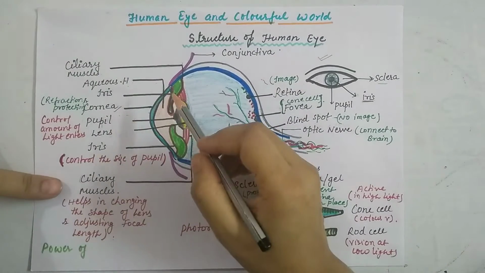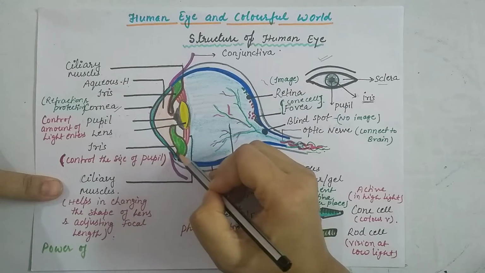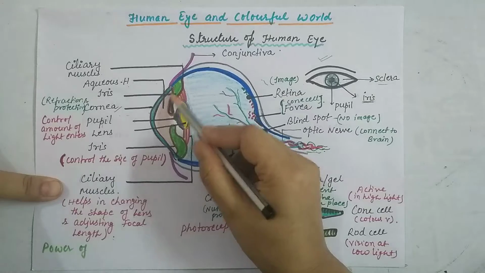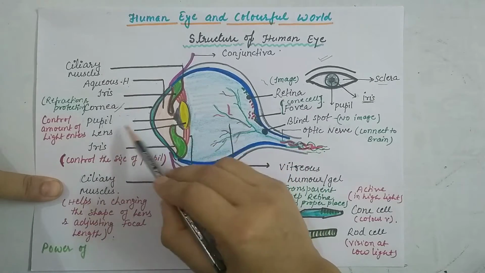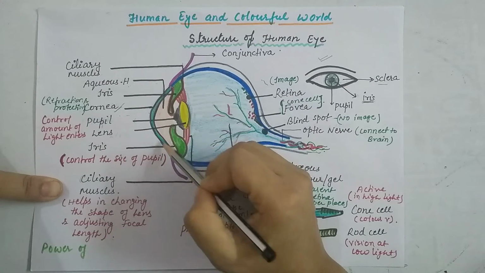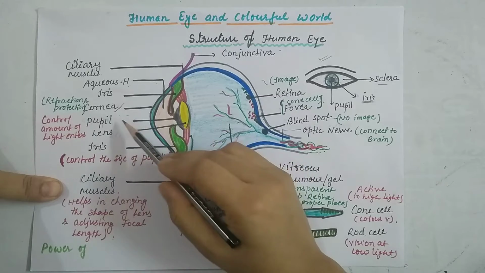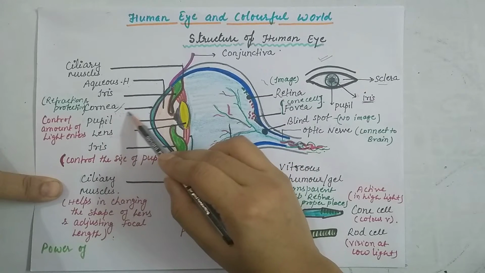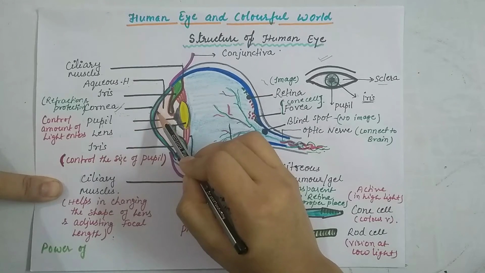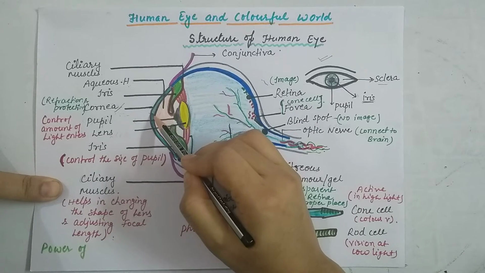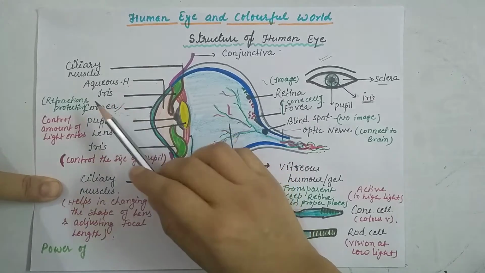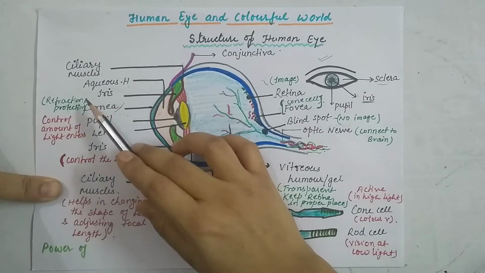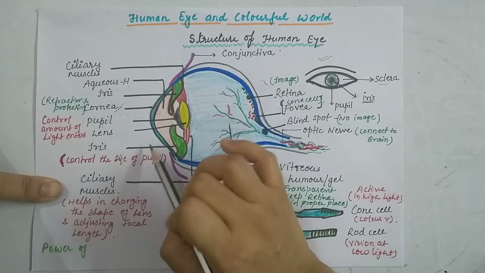The first part, the first outline that you can see here, this blue line, is called the cornea. Whenever light enters the eye, it first encounters the cornea. The cornea helps in the refraction and protection of the eye.